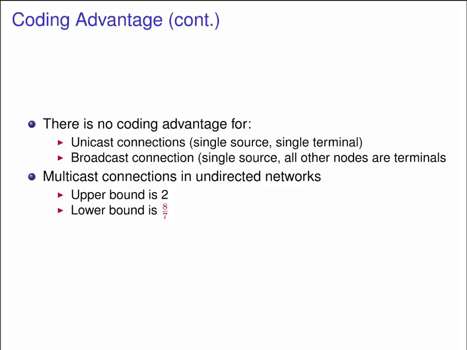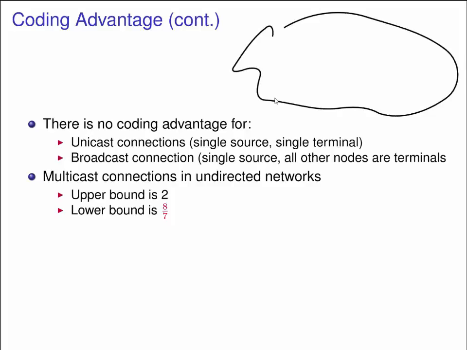So let us consider other settings. The first setting is unicast connections. In unicast connections, we have a single source S and a single destination node T. For such connections, we know that the maximum amount of information we can send is equal to the minimum cut that separates S and T. But then from the max-flow min-cut theorem, we know that the number of disjoint paths that connects source and T is equal to the minimum cut.